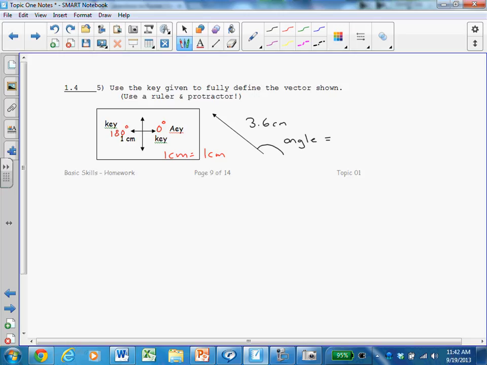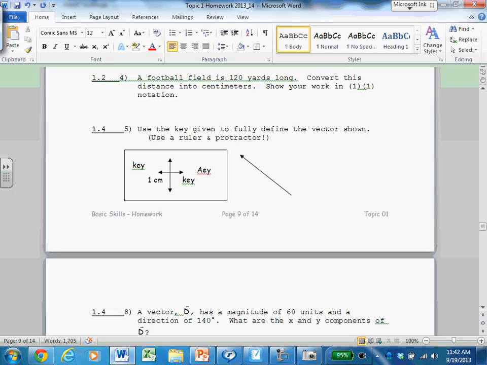What did you get, Spencer? 140 degrees. Okay. Good. Now we're going to try one farther down a little bit. All right, well, 141? What did you get? All right, 142 maybe?